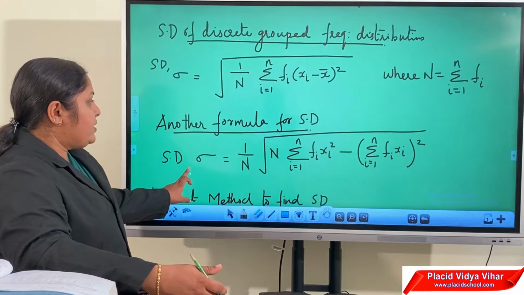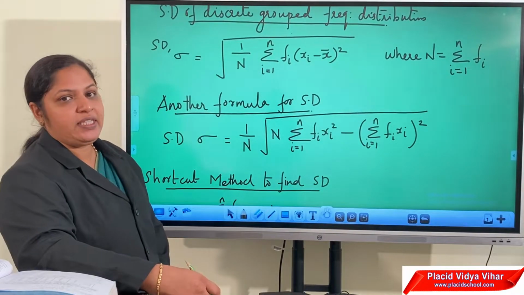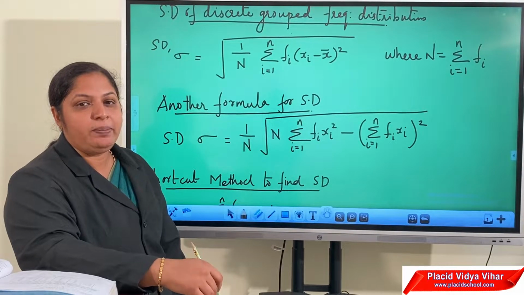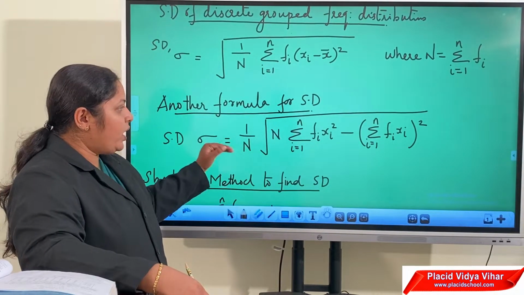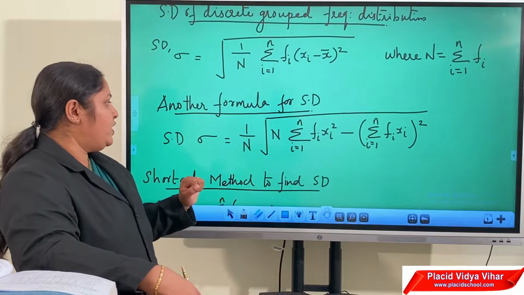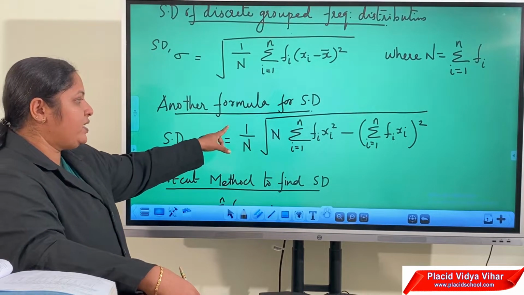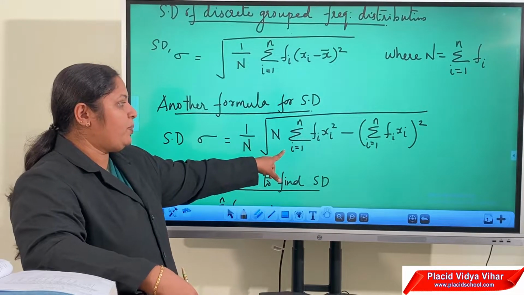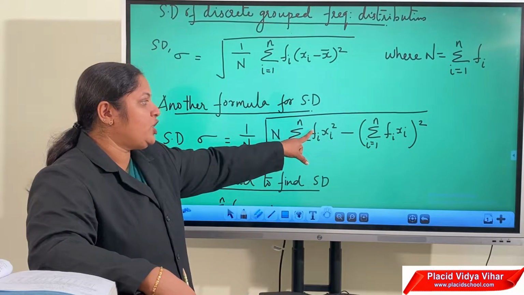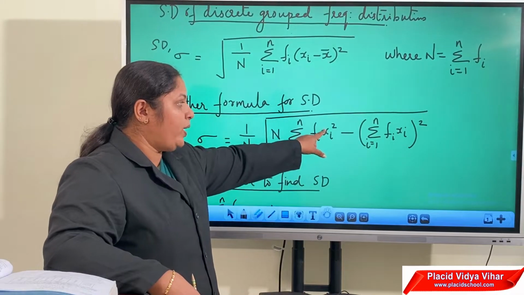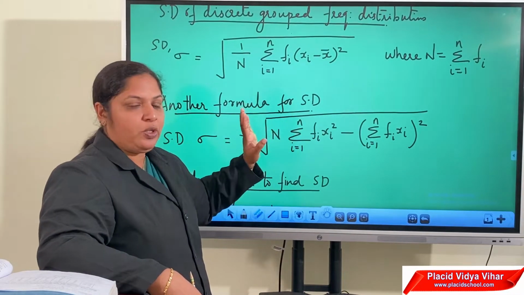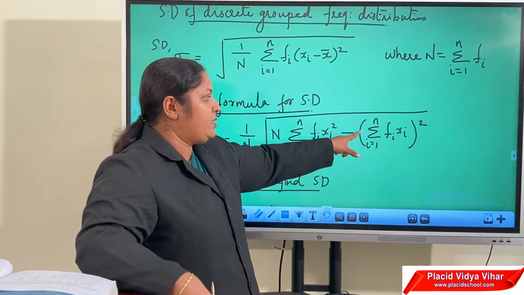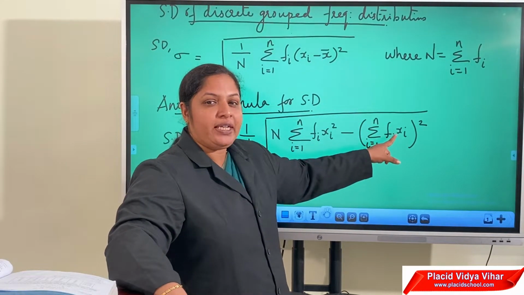Then there is one other formula to find standard deviation. If the numbers are very big and calculations are becoming tedious, we can use another formula to find the standard deviation or variance. Standard deviation is given as 1 by N into the square root of capital N into the sum of i from 1 to n, fi into xi square, that is, we square the observations and multiply with the frequency, and take the sum, minus the sum of i from 1 to n, fi xi, the whole square.